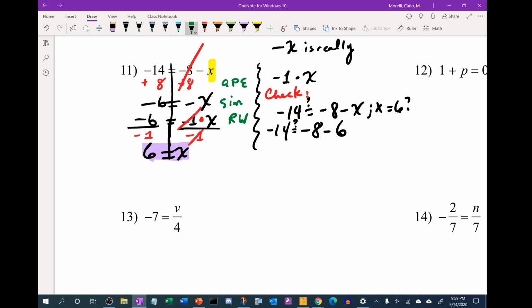And this is substitution. This was simplification over here. And negative 8 minus 6 is negative 14. And is this true? Yes, it's true. How do I know? The identity property of equality. Double check mark there.